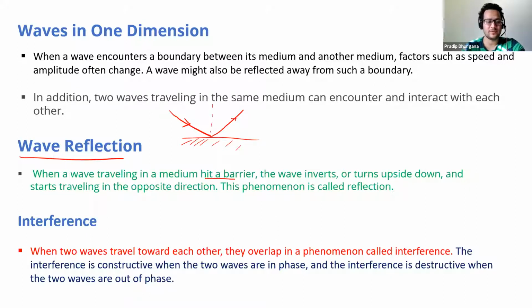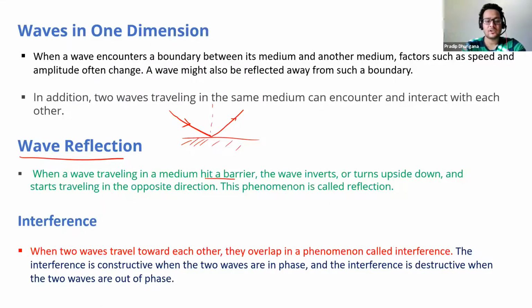Now let's go to interference. When two waves travel toward each other, they overlap in a phenomenon called interference. And that interference can be either constructive or destructive, depending upon the nature of the interference. If the two waves are in phase, that kind of interference is called constructive.